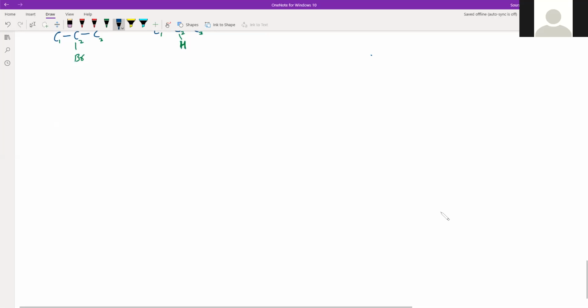So for example, if we have propene, CH3, single bond CH, double bond CH2, right? So we have this compound which is actually propene, an unsymmetrical alkene.